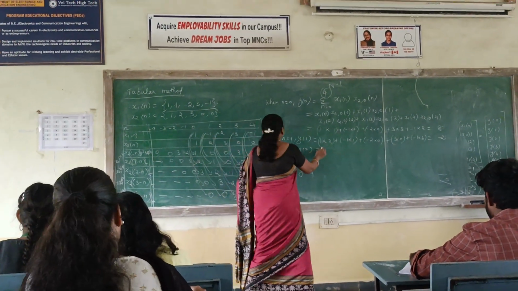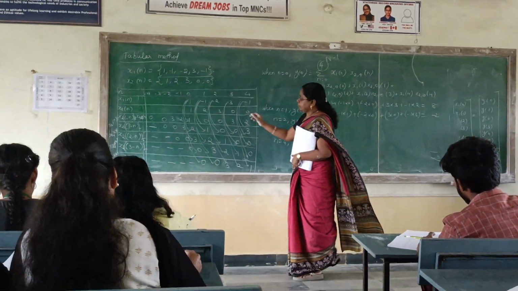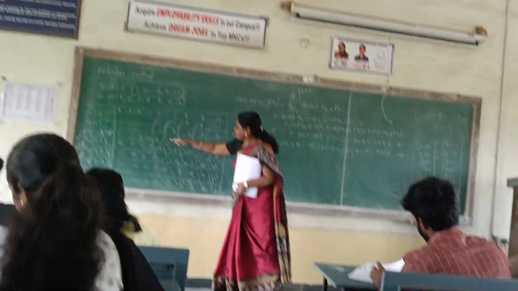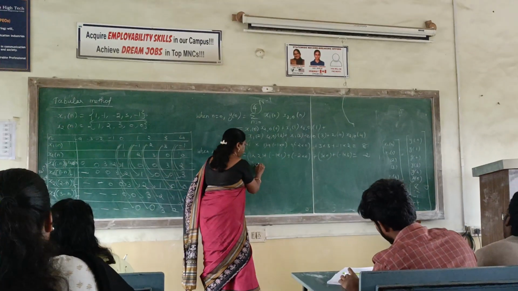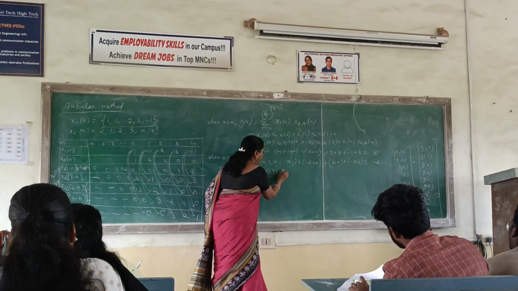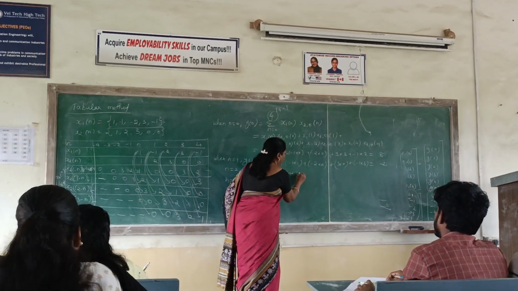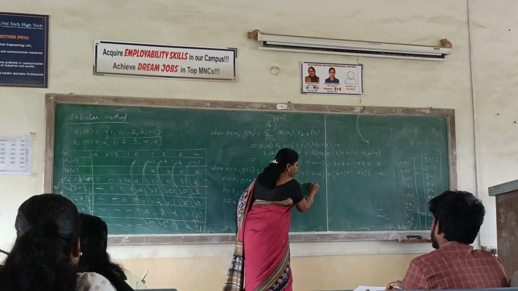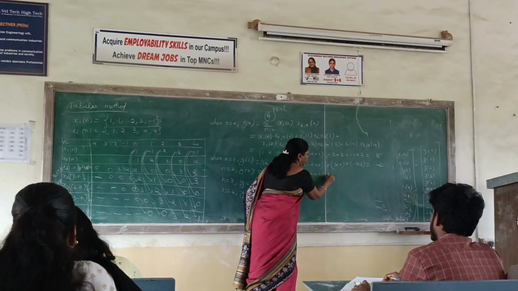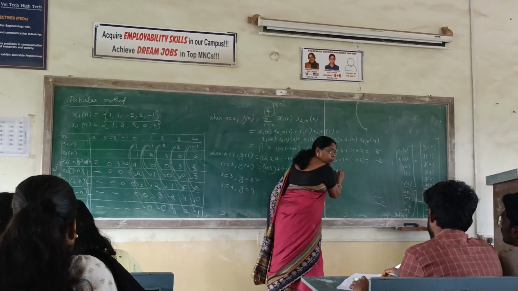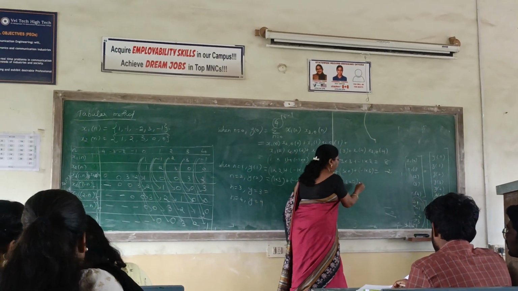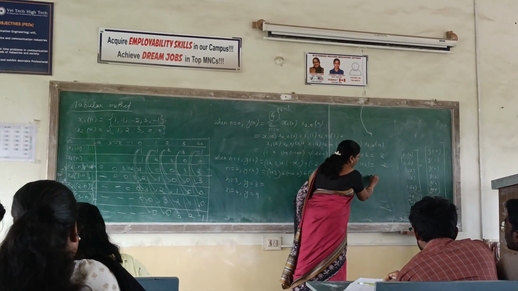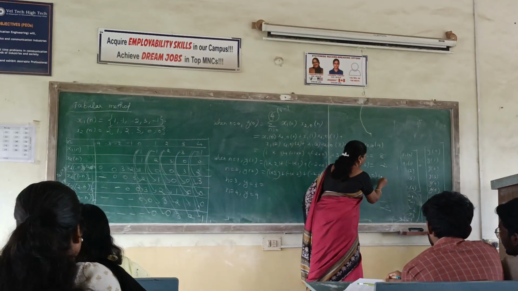Yes, come on, tell me now. 1 into? Yes, good. Minus 1 into 2. Minus 2 into 1. Good. 3 into 0. Minus 1 into 0. What is the answer? Minus.